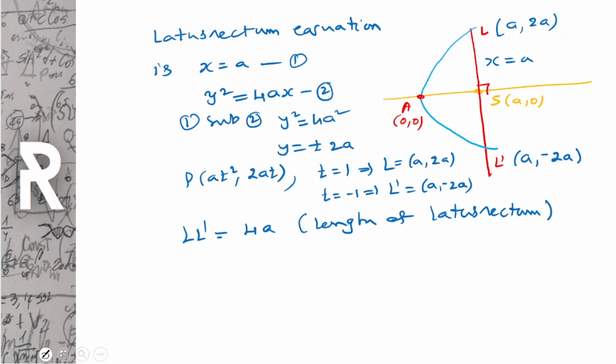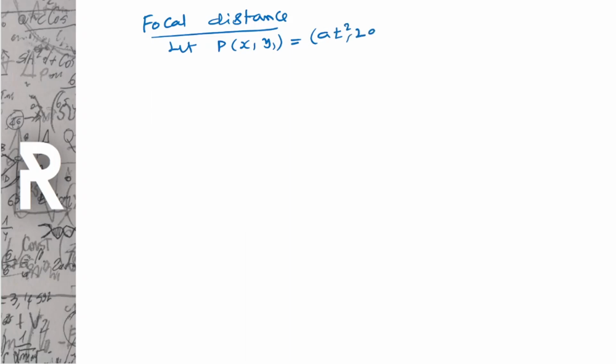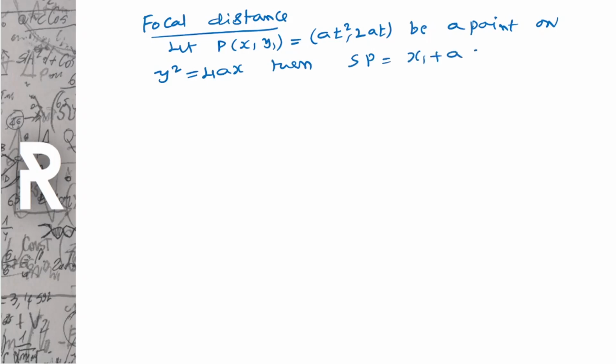Now I will discuss the distance from the focus to any point on the parabola, the focal distance. Let P(x1, y1), also in parametric form (at², 2at), be a point on y² = 4ax. Then we will show that SP = x1 + a, that means at² + a. How to get it?